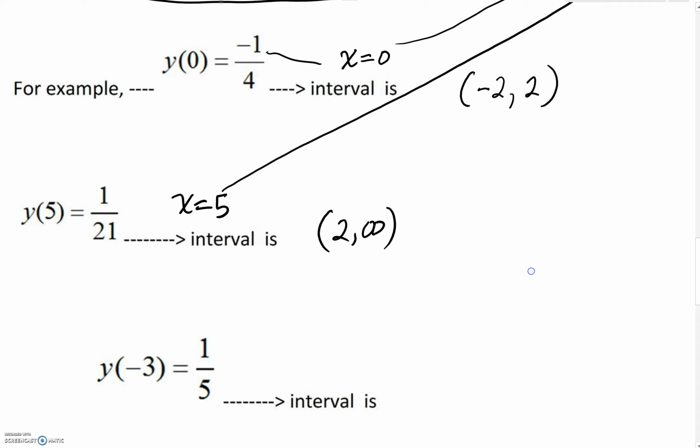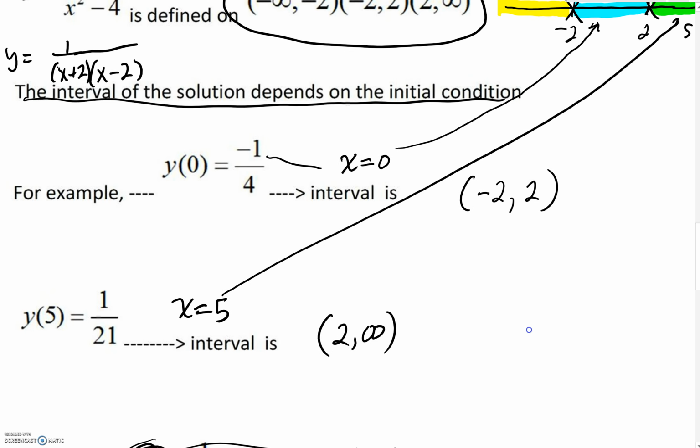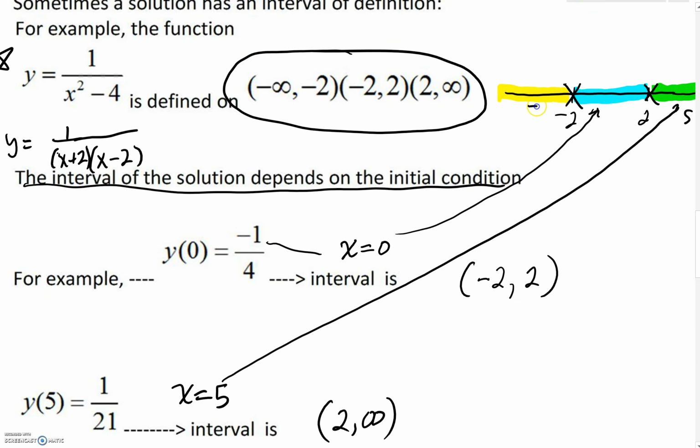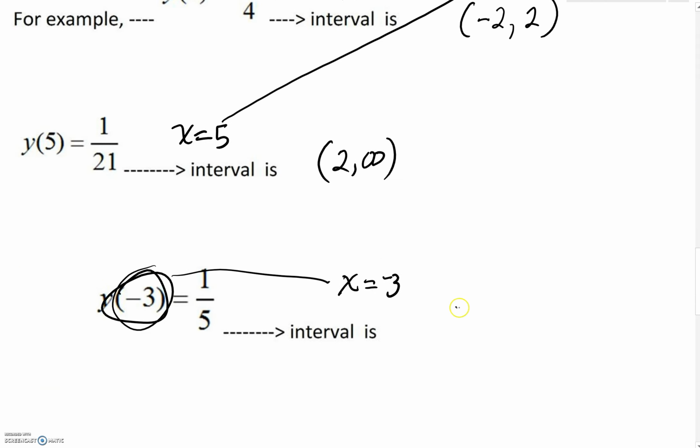Finally, if we had y of negative 3, notice I'm not even looking at that output. I'm just really focused in on what x is. The initial condition is x equals negative 3. Negative 3 is right here in this yellow region. So what interval are we going to have? Well, negative infinity to negative 2.